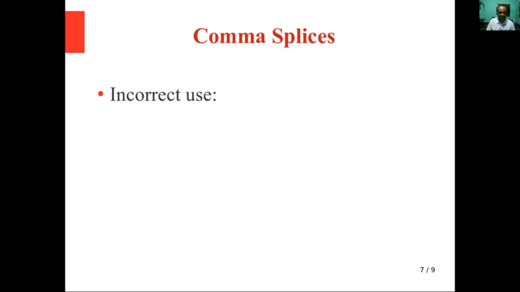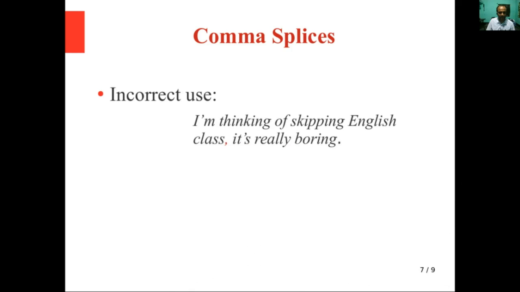So therefore if we say I'm thinking of skipping English class, it's really boring. See, I have marked the comma here in red color. I'm thinking of skipping English class. If we put a comma here, it's really boring. It will be a wrong use of comma, and this use of comma is called comma splices.